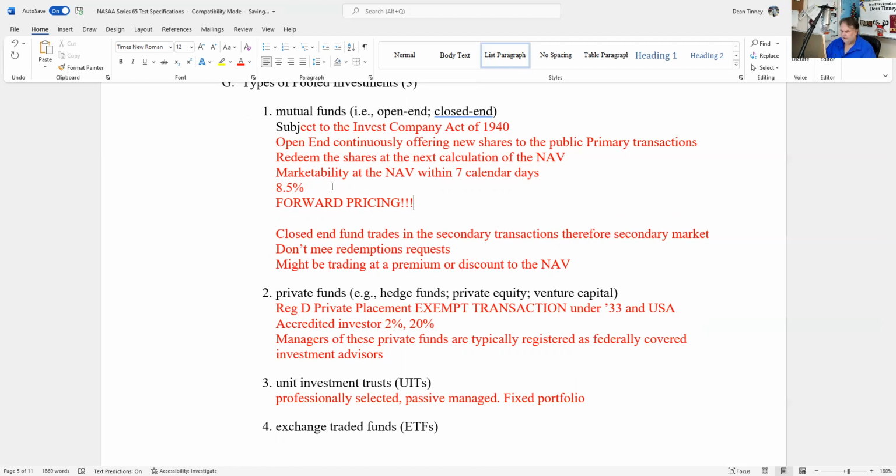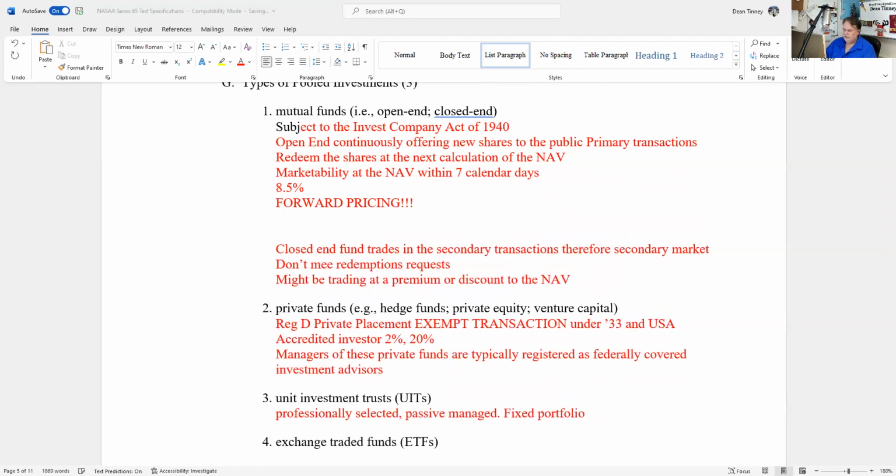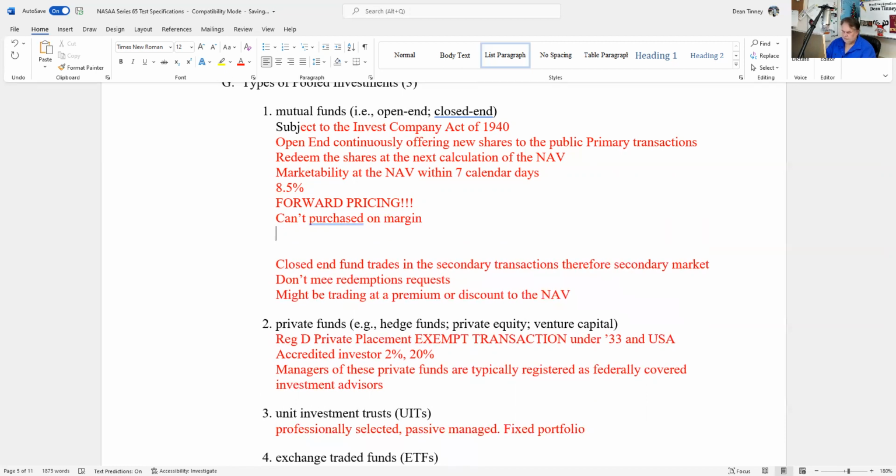Another thing that is Investment Company Act of 1940, open-end funds we don't like, is they can't be purchased on margin. Reg T says we can't lend you money to buy new issues. Broker dealers can't lend money to buy new issues.